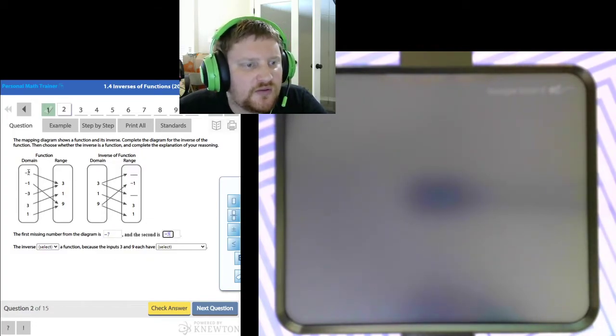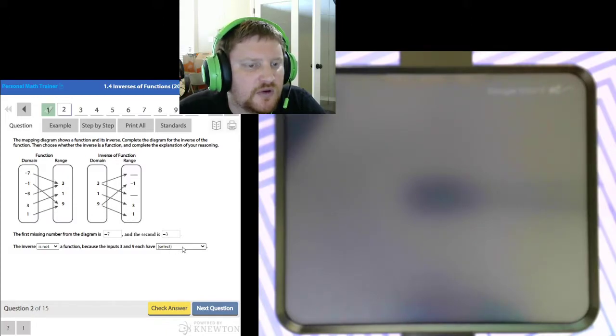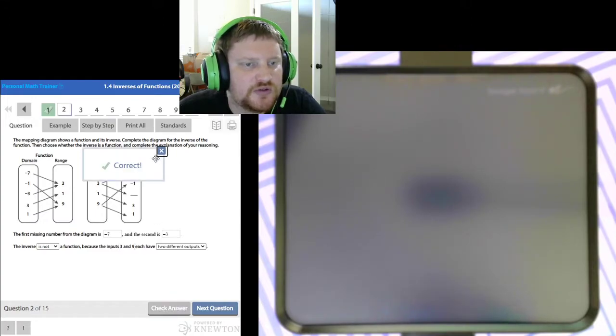So we had -7 over here, -3 here, so that should have transferred over here and over here. The inverse is not a function because, as we can see, 3 goes to both -7 and -3. 9 goes to both -1 and 1. So the inputs 3 and 9 each have two different outputs.